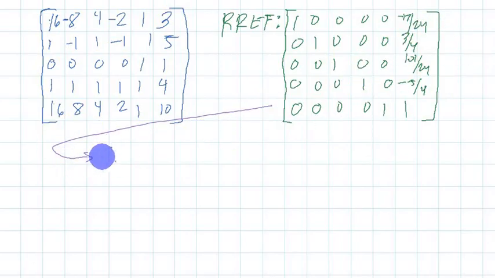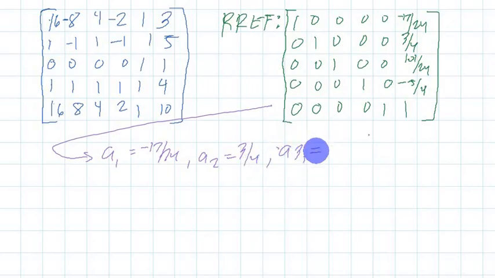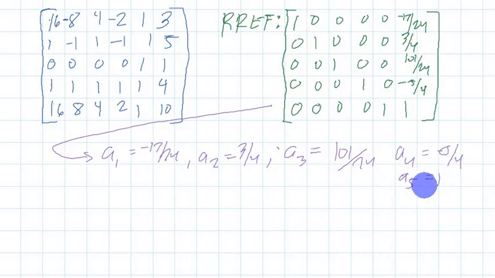a sub 1 is equal to negative 17 over 24. a sub 2 is 3 fourths. a sub 3 is 101 over 24. a sub 4 is negative 5 fourths. And a sub 5 equals 1.